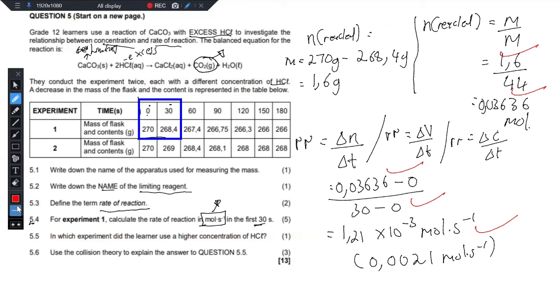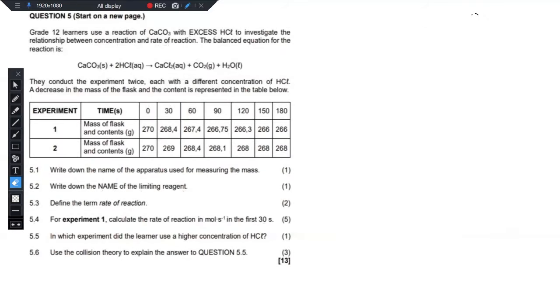Okay, then 5.5 is saying, in which experiment did the learner use a higher concentration of hydrochloric acid? So which experiment? Let's check now. Obviously, that will be based on the rate of reaction. If we can check here, between the first 30 seconds, 1.6 gram had already reacted.